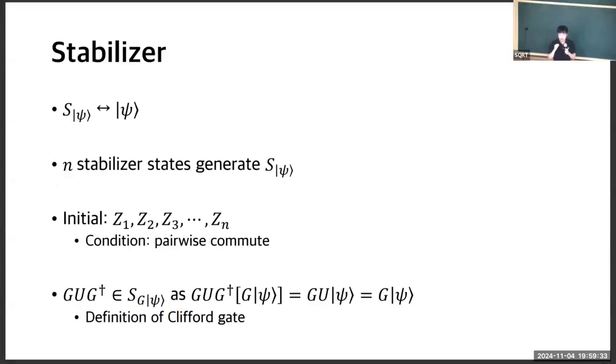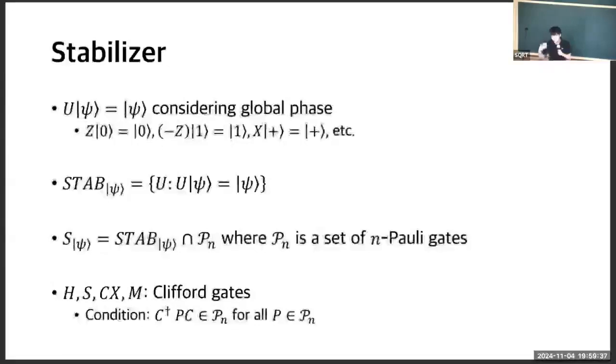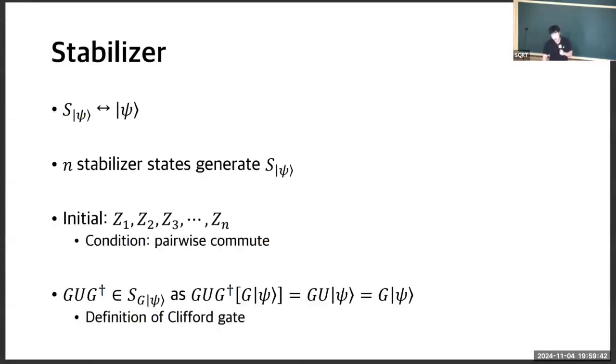And because of that, Pn, which is the set of n-qubit Pauli gates, has 4 to the n dimension. Half of them would be stabilizers, and half of them would not. So n stabilizer generators generate S psi because it makes 2 to the n, right?